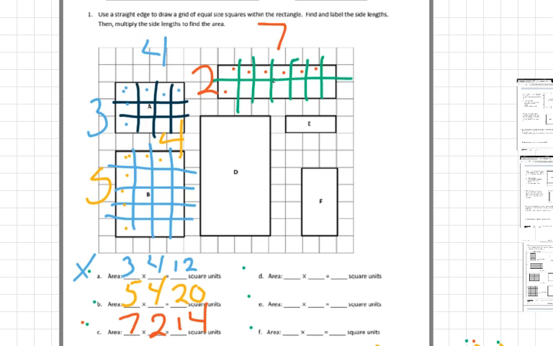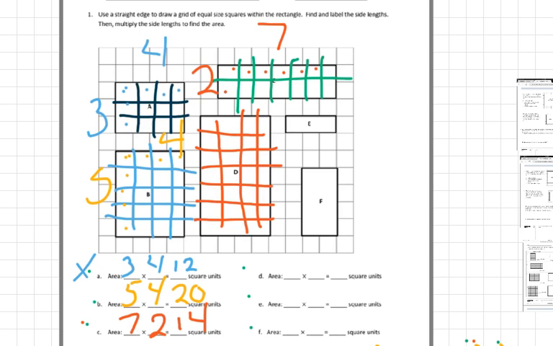Okay, one more time. Letter D. Wow, that's a big one. Here we go. 1, 2, 3. And now I'm going to fill in the crosses. Okay, so now how many this direction? 1, 2, 3, 4. 4 this way. And how many this way? 1, 2, 3, 4, 5, 6, 7. 7 this way.